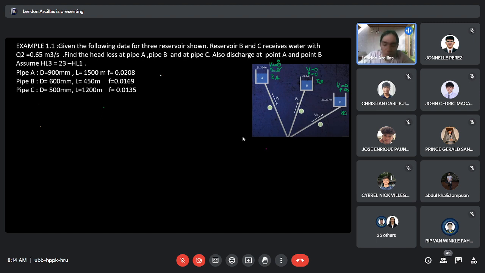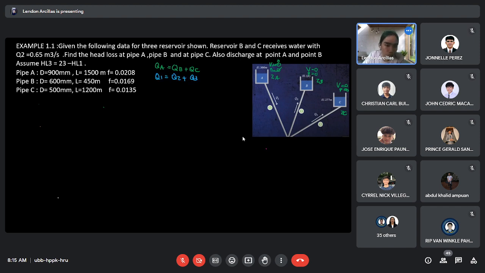So given, susulat natin yung given. And this is type of, given the following data for three reservoir. Reservoir B and C receives water from A. Q1 is equal to Q2 is equal to Q3.